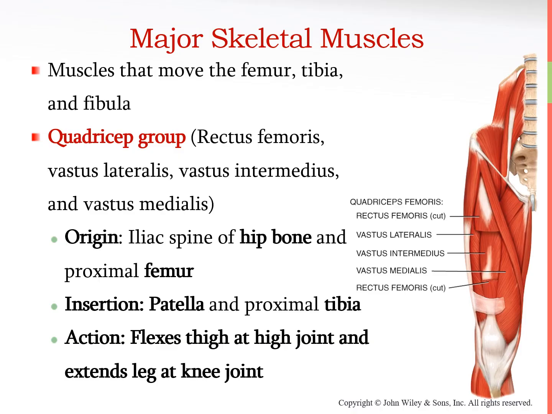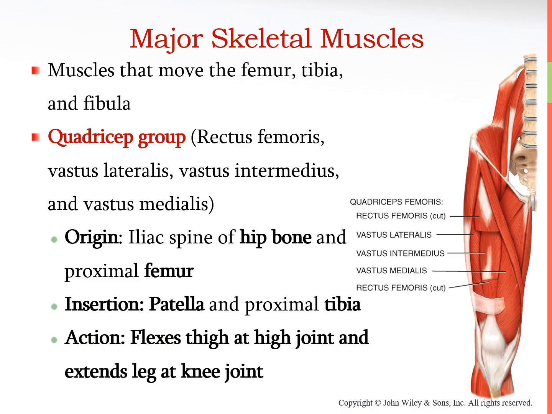Now, when this group contracts, it's going to cause the lower limb to be pulled up towards the trunk or the hip anteriorly. That is flexion at the hip. But at the same time, this group inserts into the tibia and pulls the leg or the crural region towards the hip.